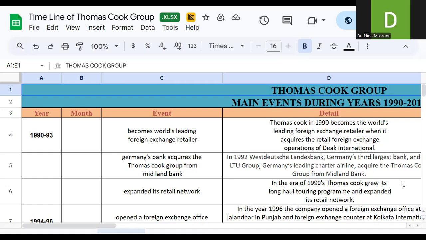Once we make the timeline of that particular organization, we would be able to identify whether that was a one-time incident or whether that was a repetitive one, and what are the things that changed over that particular course of time that resulted in the occurrence of that particular disaster.